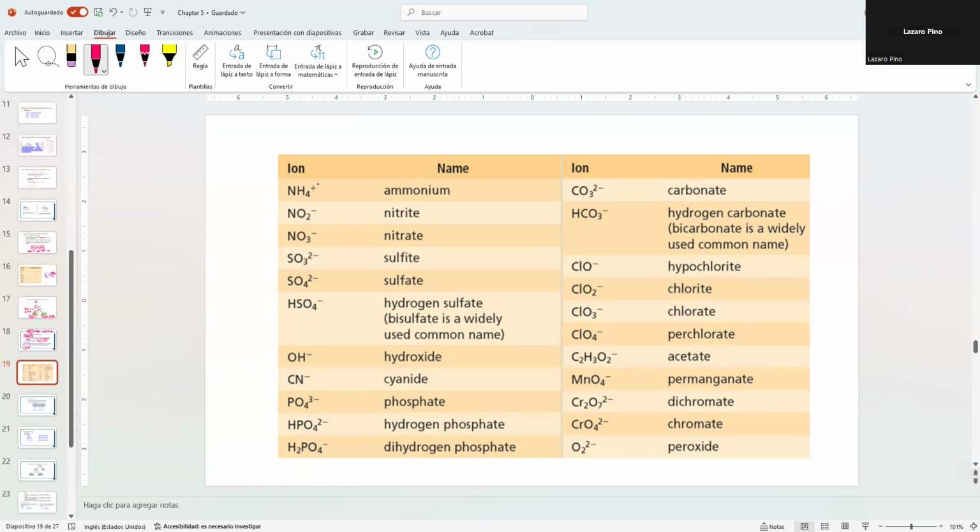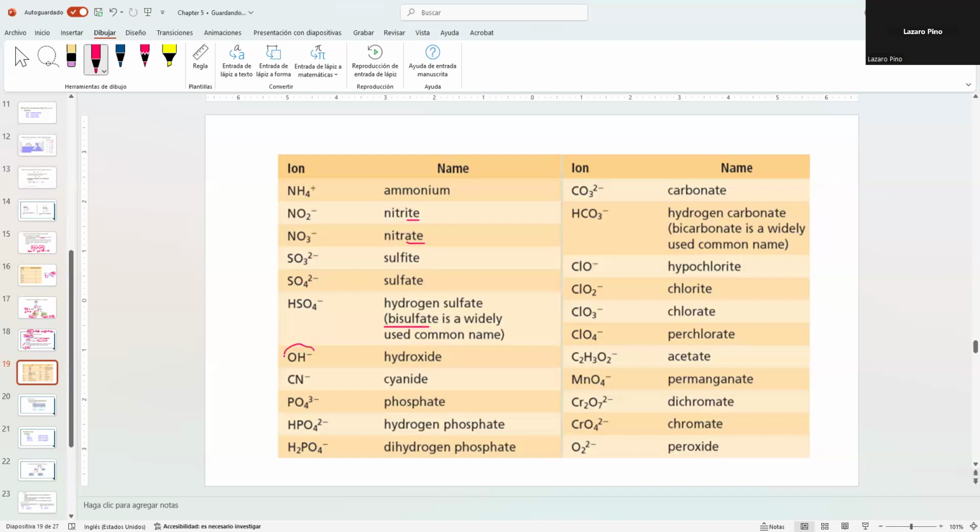Here we have ammonium, NH4 +1. NO2 is nitrite, and NO3 -1 is nitrate. The difference is the number of oxygen. Less oxygen, we use the ending ite. More oxygen, we use ate. Look, sulfite, sulfate. Hydrogen sulfate, also known as bisulfate.